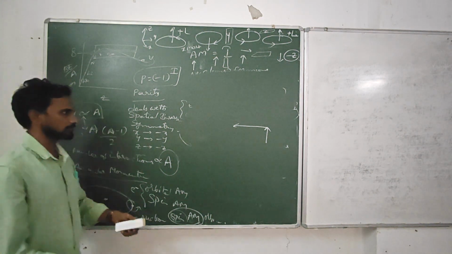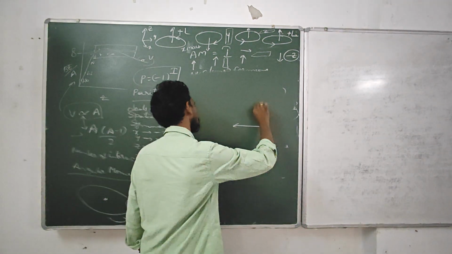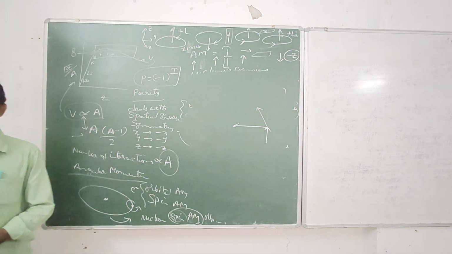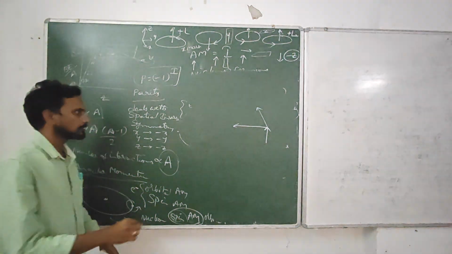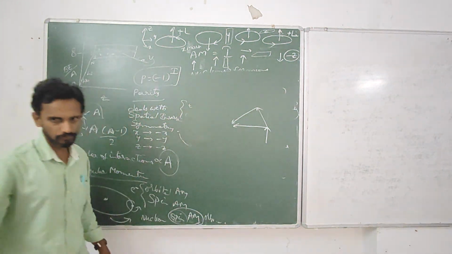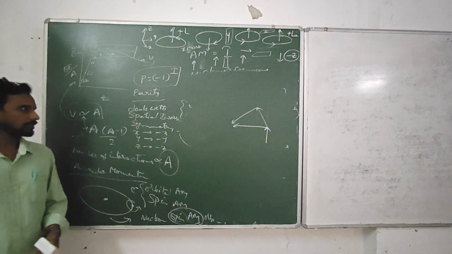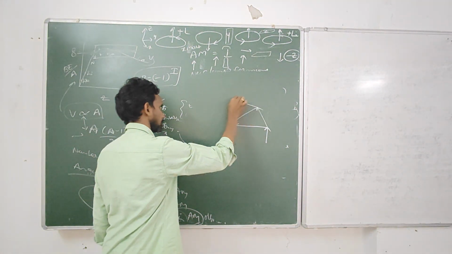The direction of motion changes. So this is the original direction. There will be a tilt. At this point also there is a perpendicular force acting towards the same point. Then the direction changes.